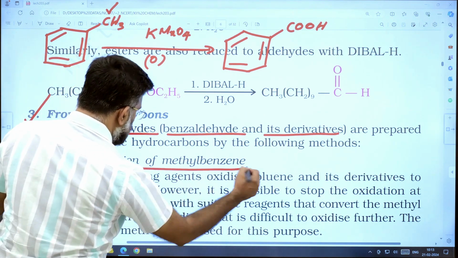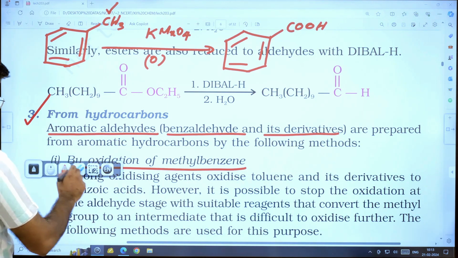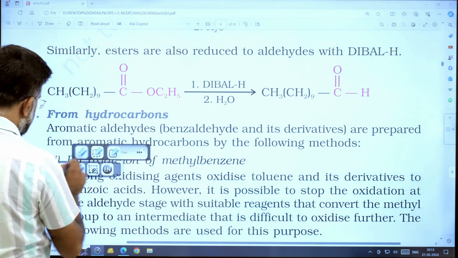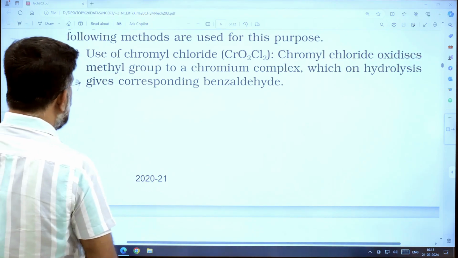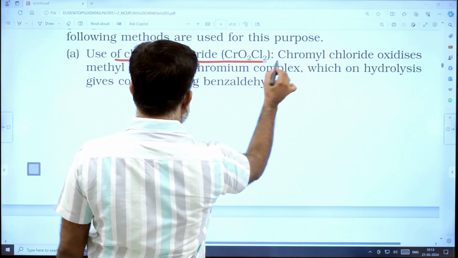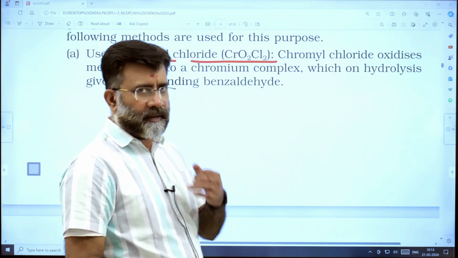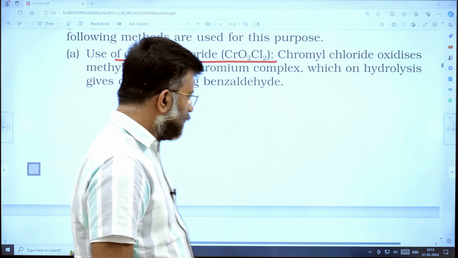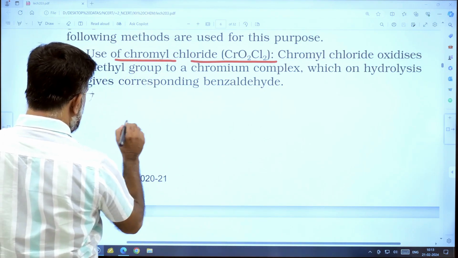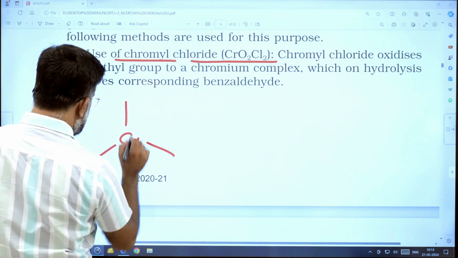First of all, oxidation of methyl benzene is done specifically using a reagent, CrO2Cl2, chromyl chloride, which all of you know.